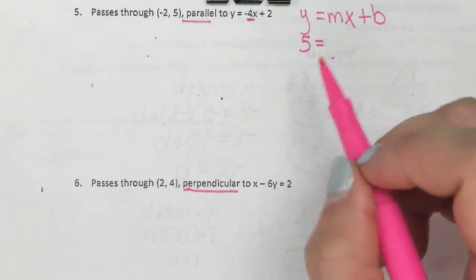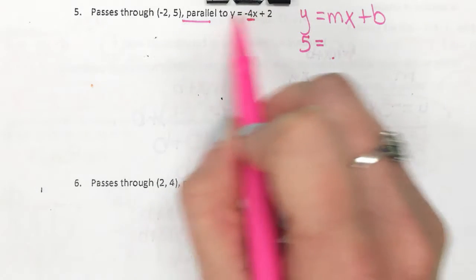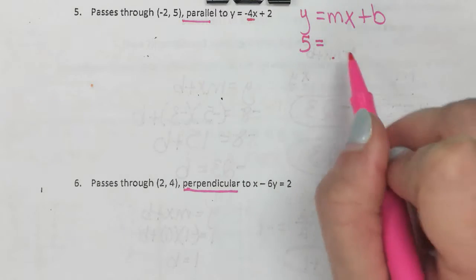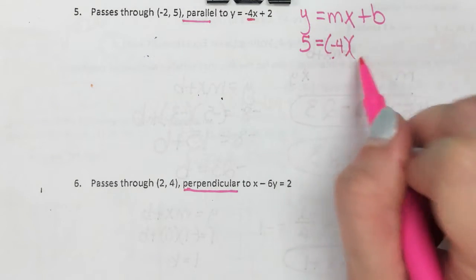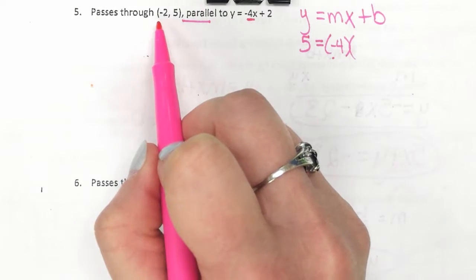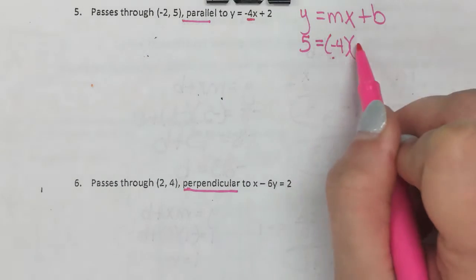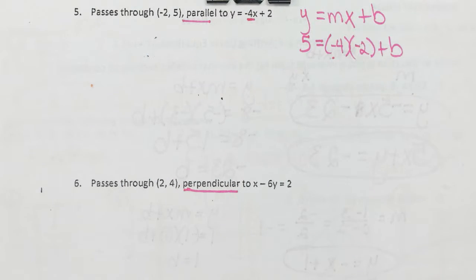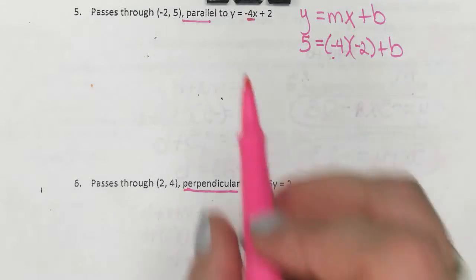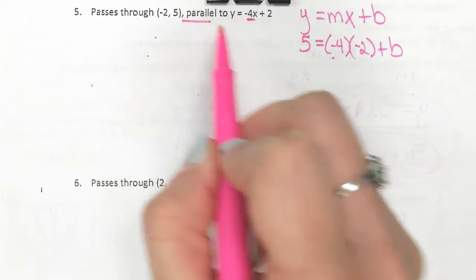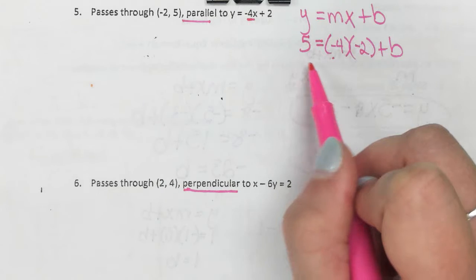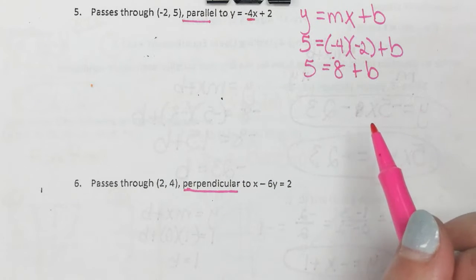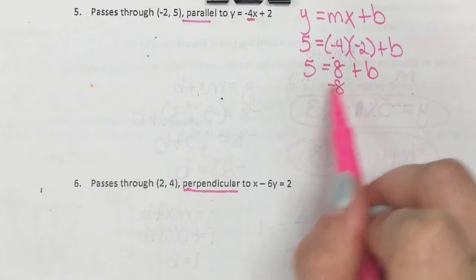That's the only thing you're using it for. Don't use anything else from here except for -4. Alright, here we go. -4. What's my x? -2. And then I have to solve for b. Y'all remember doing this Friday? Kinda. Because remember, parallel meant the same slope, so we're keeping the same slope. Alright, so we got 5 equals 8 plus b. There you go.